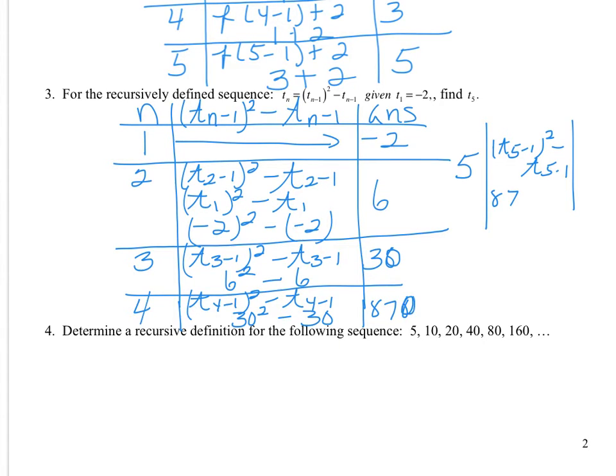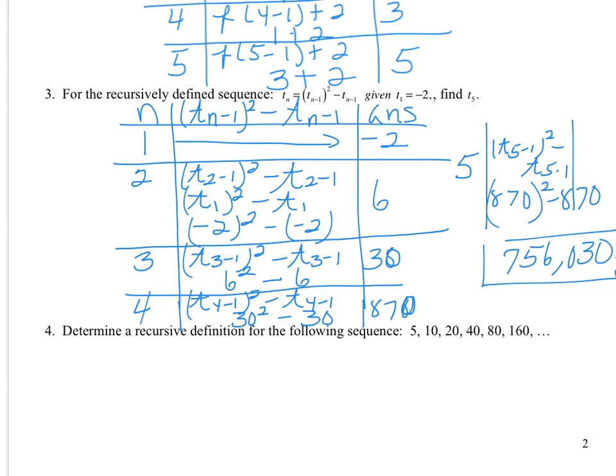Again, let's make that a nice 870, squared, minus 870, and I'm really running out of my chart here, which comes out to be, if you're on the calculator, 756,030. So again, in order to get the fifth term, we actually had to find the first, second, third, because we needed the fourth in order to get the fifth.